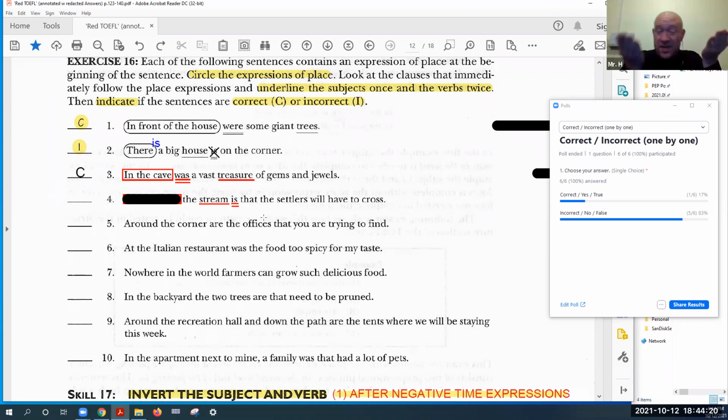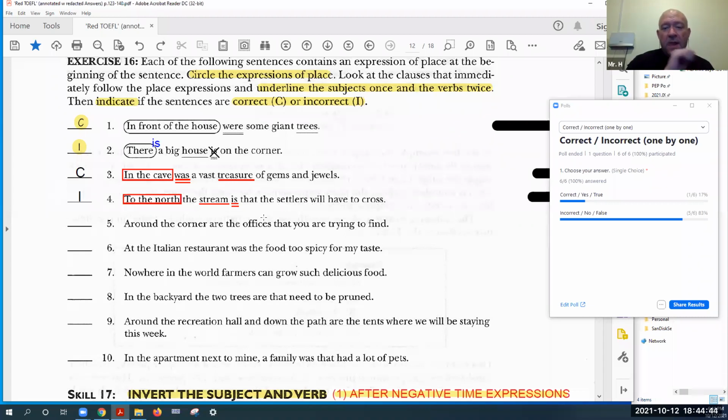No, it's not equal. This is an incomplete idea. So what does that mean? If this idea is incomplete, this sentence is incorrect.